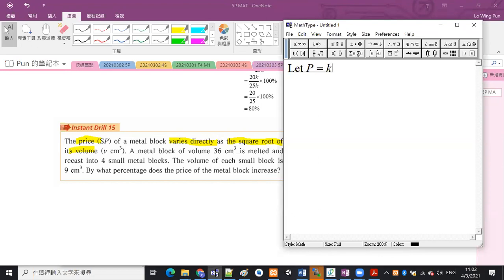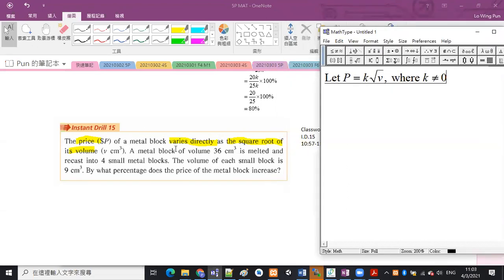It's direct variation, P equals k times the square root of V, where k is not equal to 0. 跟住睇下，係一嚿金屬固體，佢嘅價錢係 P 咁多錢，體積係 V 咁大。然後佢哋話 a metal block of volume 36 cm cubed is melted and recast into 4 small metal blocks.